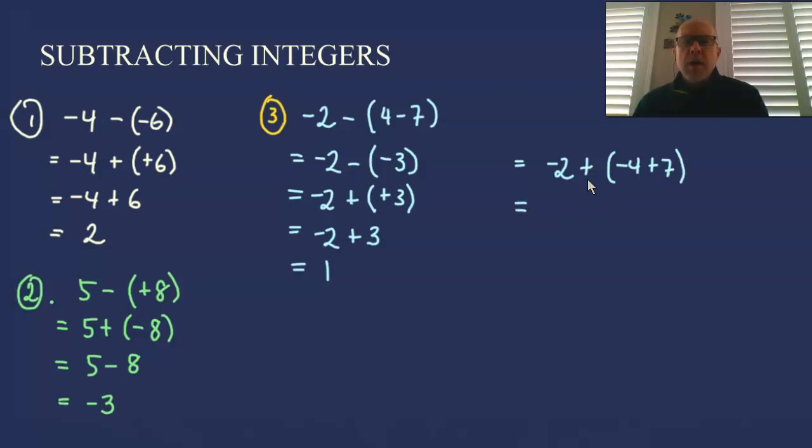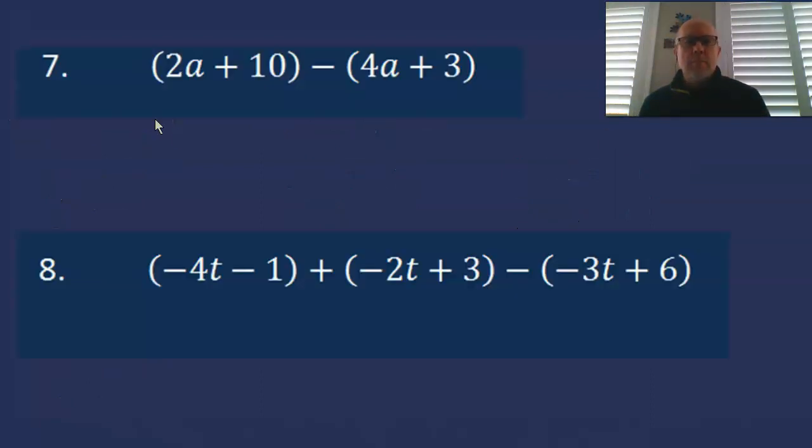Okay, and since we have addition now, we'll drop the brackets, and so we get negative 2, minus 4 plus 7. And now when you do the math, negative 2 subtract 4 is negative 6, and negative 6 plus 7 is a positive 1. So we get the same answer as we do in the first case, and we're going to apply this strategy going forward to the new algebra questions.